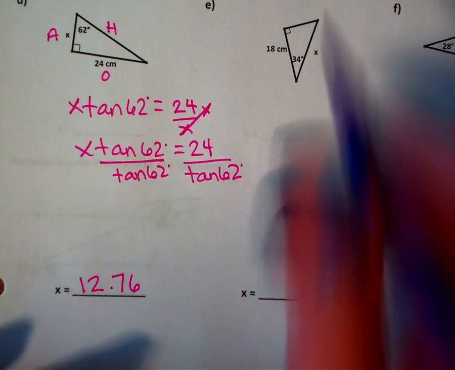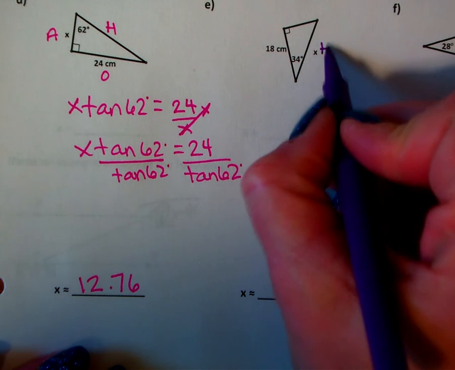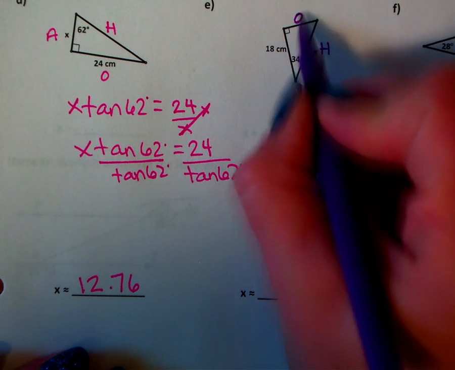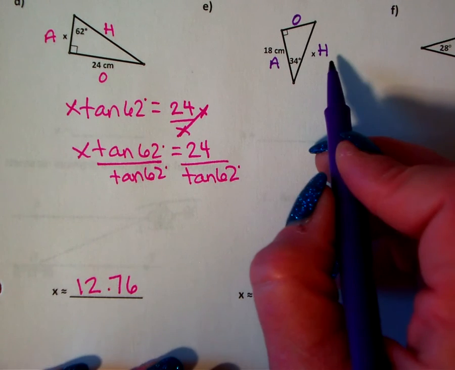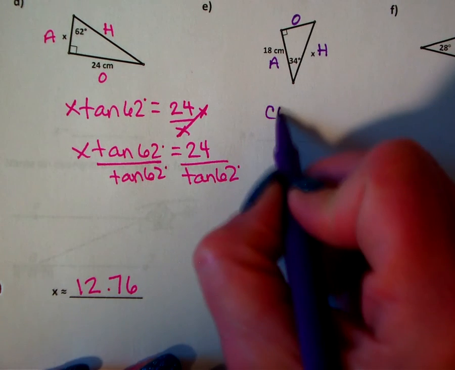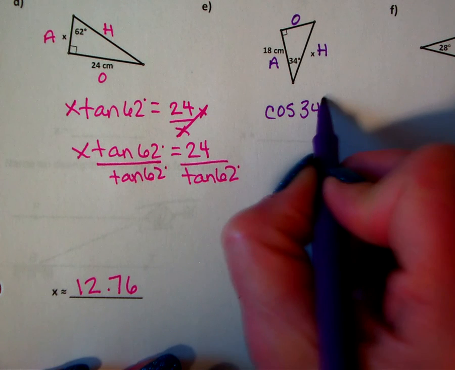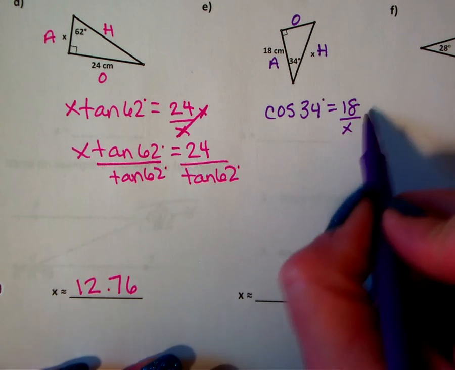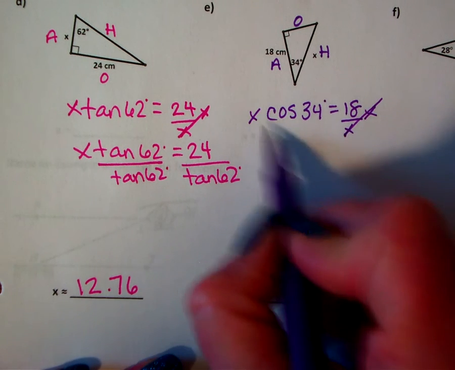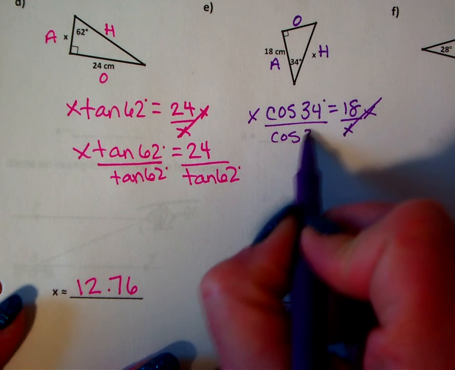Okay. Next one, I've got my hypotenuse, opposite to the 34, adjacent to the 34. So I need adjacent and hypotenuse, which gives me cosine of 34 equal to 18 over x. So again, I'm going to multiply both sides by x and then divide by cosine of 34 degrees.